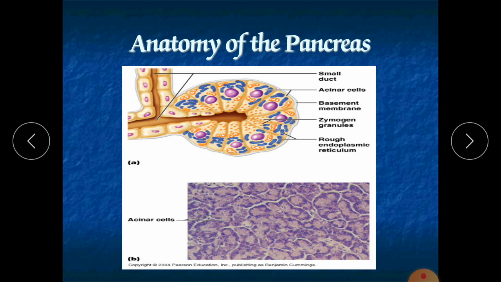So in this fashion we have various endocrine and exocrine secretions, but here our point of interest is the exocrine secretions, because exocrine secretions are various enzymes which are poured into our small intestine, that is the duodenum.